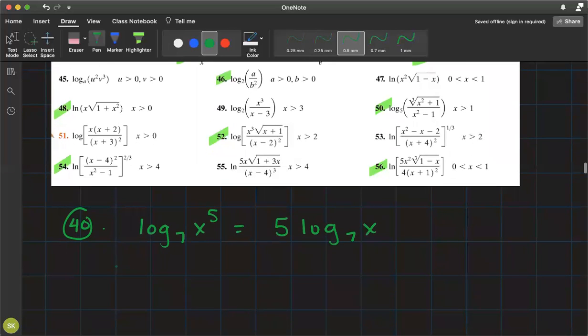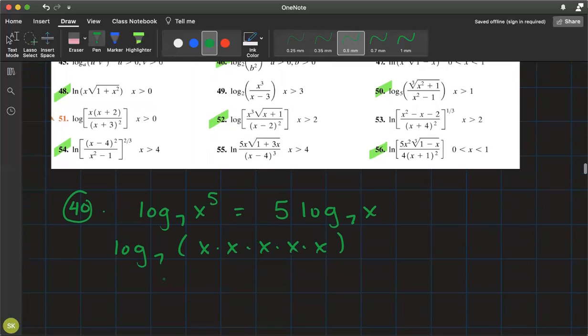But another way to think about this problem is this is the same as x times x times x times x times x. That's 1, 2, 3, 4, 5 x's. And this breaks into log base 7 of x plus log base 7 of x, because remember, multiplication becomes addition on the outside.